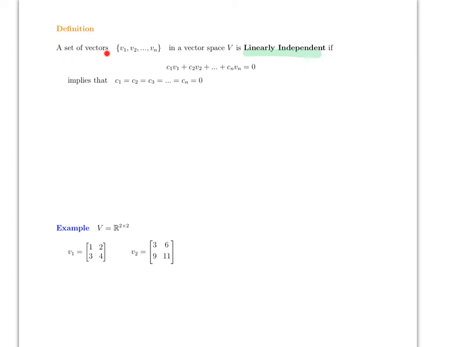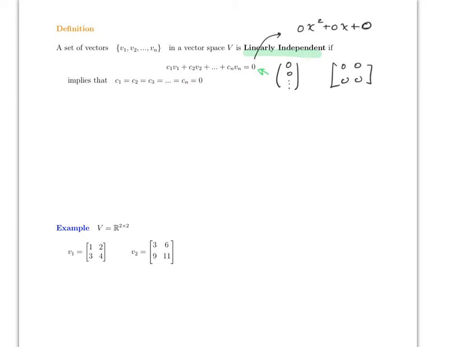Okay, now let's look at the concept of linearly independent. A set of vectors b1 to bn, and remember, by vectors, it could be vectors, matrices, polynomials, and so forth, in a vector space, are linearly independent if when you do a linear combination and you get 0, and remember here 0 means the zero vector, it implies that all the constants are equal to 0.